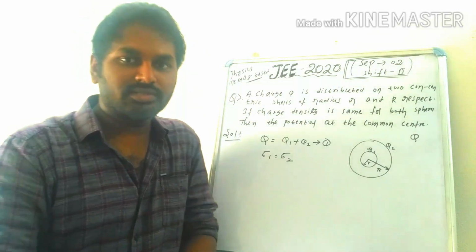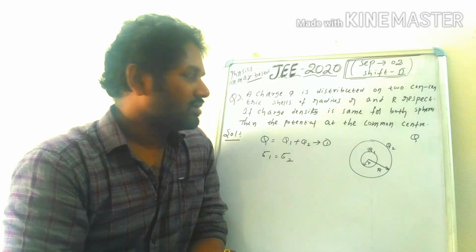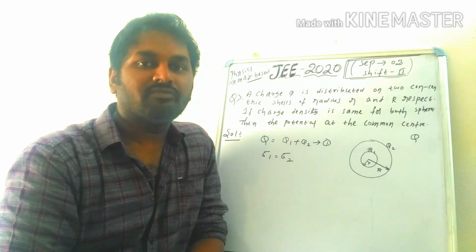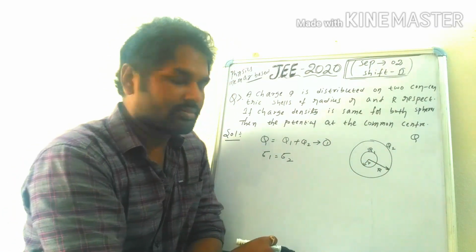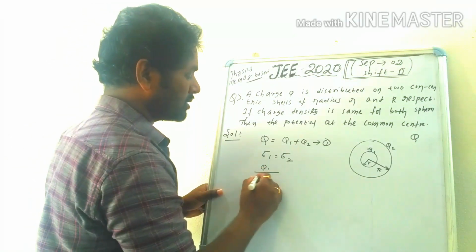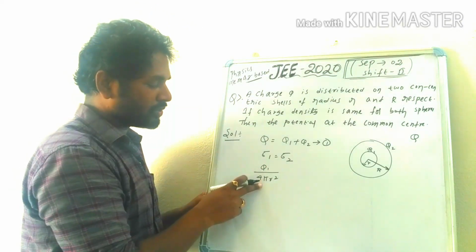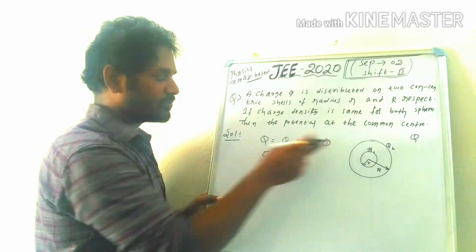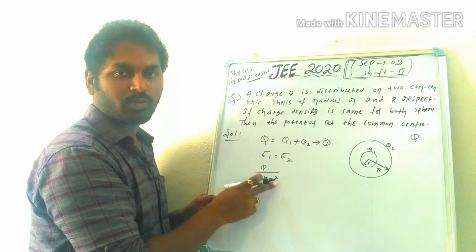So what is surface charge density? The charge Q1 exists on the surface, covering the surface area equal to 4 pi r square. So you can write sigma 1 is equal to Q1 upon 4 pi r square. Charge per unit area is called surface charge density. For the inner sphere, the surface charge density is Q1 upon 4 pi r square.